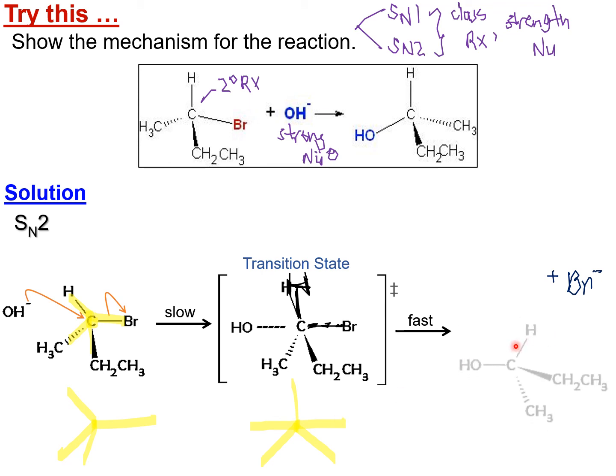Okay, but if you look here, dekat final product tu, dia punya bentuk tetrahedral berbeza pula bentuk dia macam ni. So please get bentuk yang correct. Okay, so that's all for SN1 and SN2 mechanism. Thank you for listening.